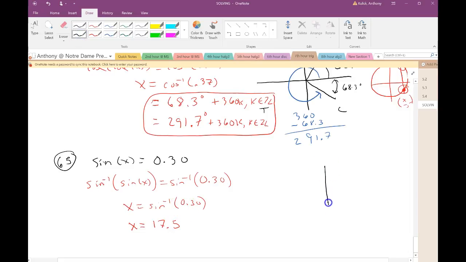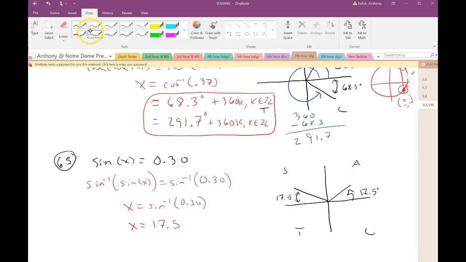But I know that's not my only solution. So 17.5 degrees is here. But sine, I know all silly turtles crawl, is also positive over here. And I know that this angle here, its reference angle, is still 17.5.